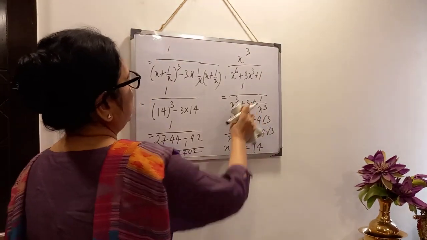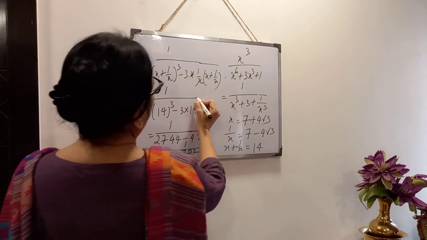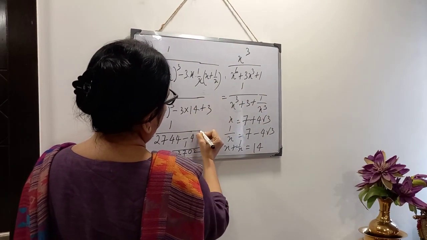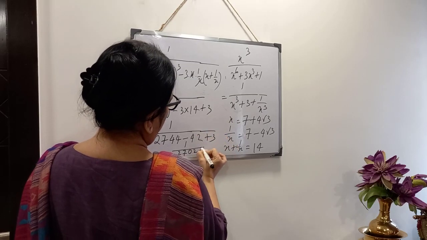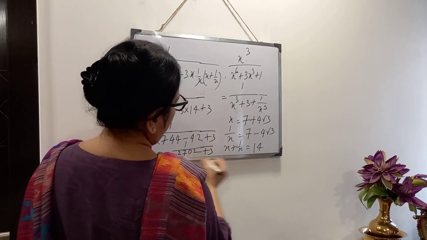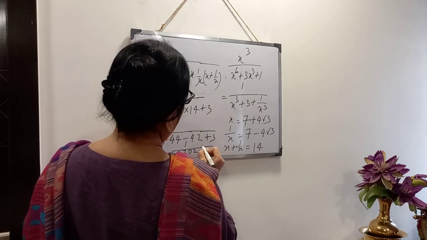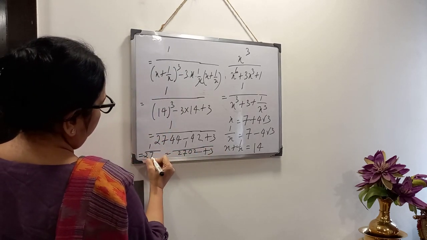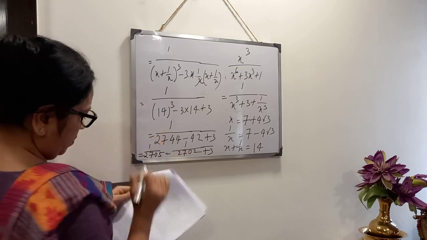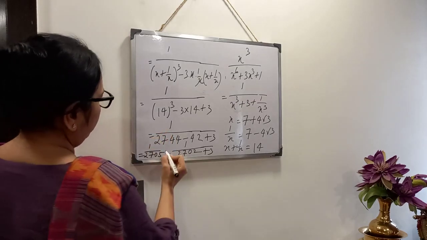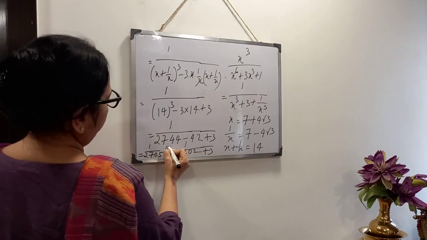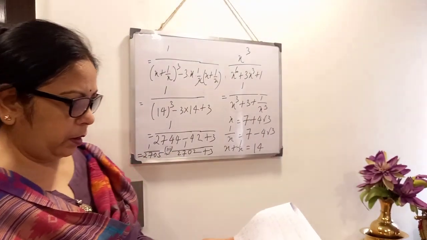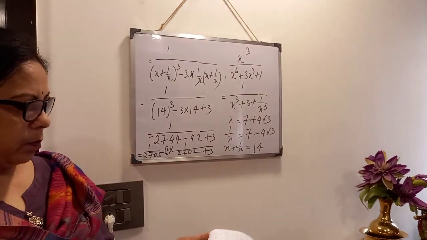There was plus 3. I have missed out this. Plus 3. So 1 by 2705. Option 3. Your option 3. Clear? Then next one, number E.